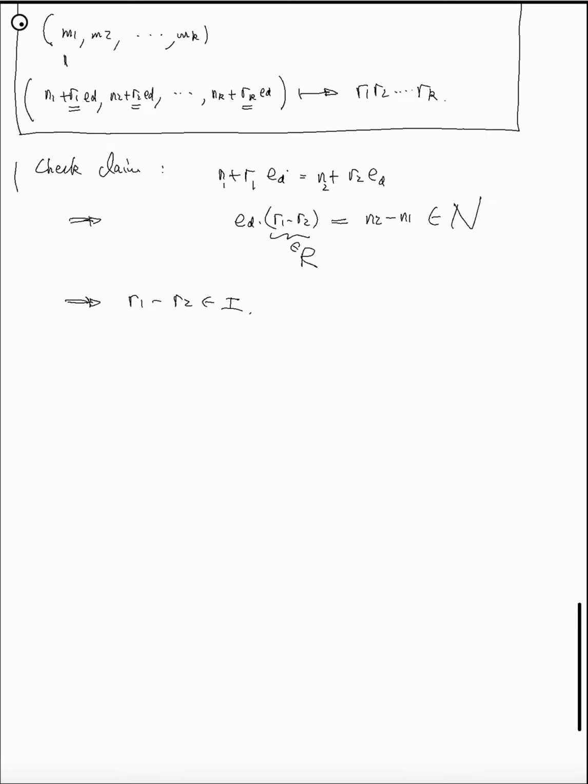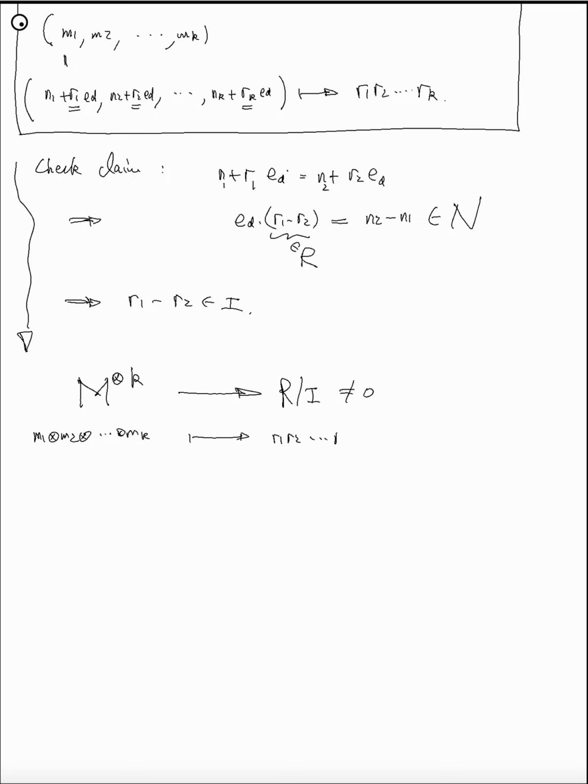And so this induces a map from the tensor product of M to our quotient ring, sending m1 tensor m2 tensor mk to the corresponding r1, r2, rk.